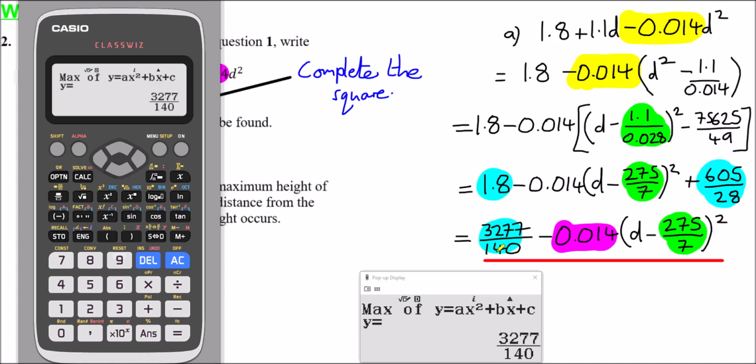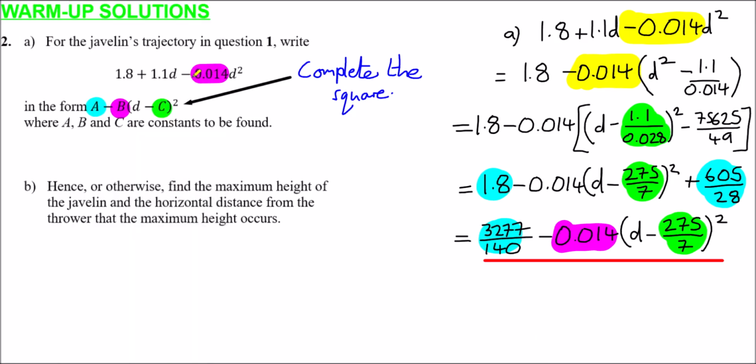The only thing we're not told is what the leading coefficient is before these brackets. But like I say, if you can remember that this minus 0.014, whatever it might be, will always be the same as this value here, the calculator can fill in the blanks for you, so it completes the square really, really quickly. For example, if this was plus 6d squared, this would be a plus 6 here. If this were minus a million, this would be minus a million.